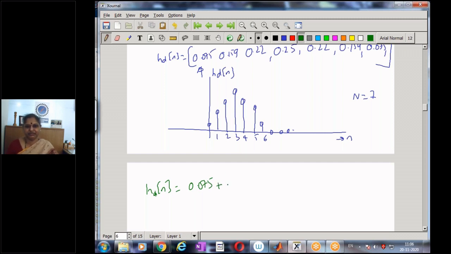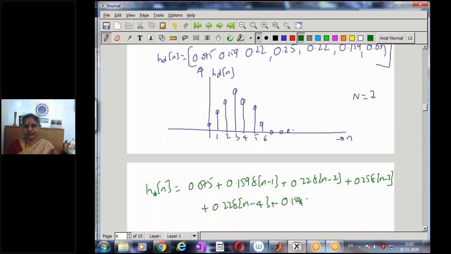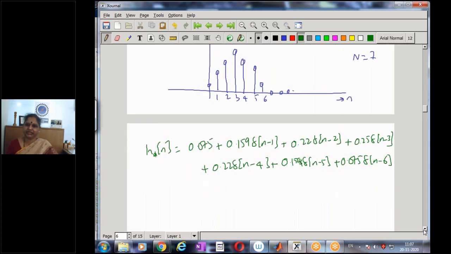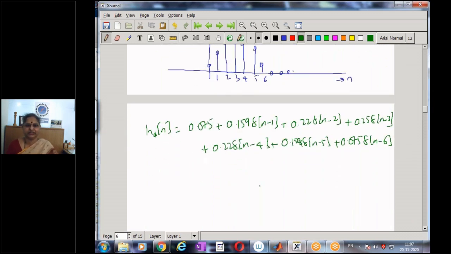We can write it as shifted impulses: 0.075 delta n plus 0.159 delta n minus 1 plus 0.22 delta n minus 2 plus 0.25 delta n minus 3 plus 0.22 delta n minus 4 plus 0.159 delta n minus 5 plus 0.075 delta n minus 6. This is another way of representing the same impulse response of the design filter.